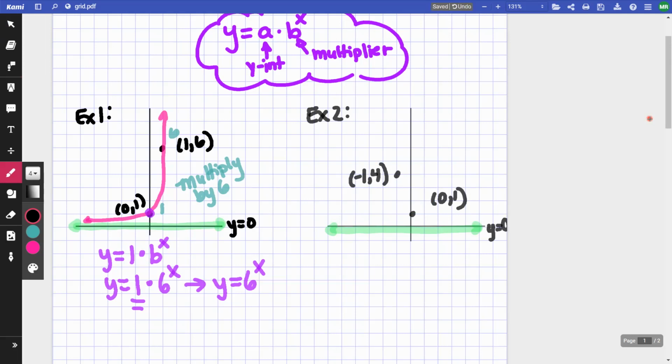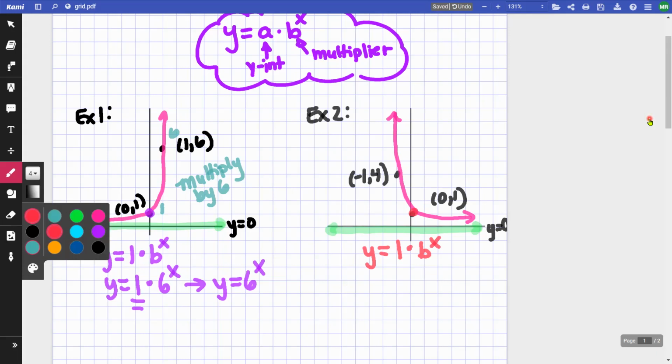And then we're going to draw the graph. There we go. And we want to write the equation of it. This point right here is our y-intercept, which is at 0, 1. So that means it's going to be 1 times b to the power x.